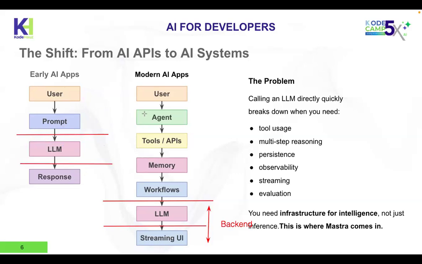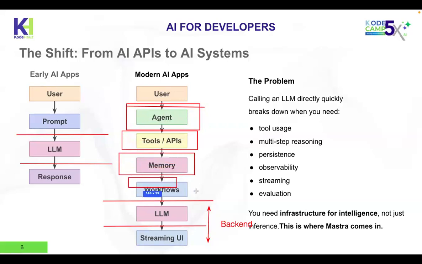Now, modern AI apps have a lot more. You don't just prompt LLMs. There's so much more. You have the agentic framework, you have the agent, and then the agent orchestrates everything. So you have tool calls, memory, and this new thing called workflows. And it's only the LLM that's still at the back end for now.